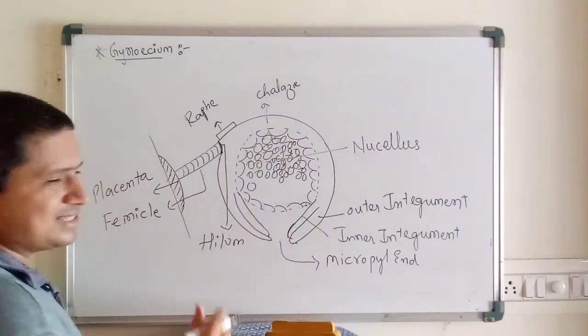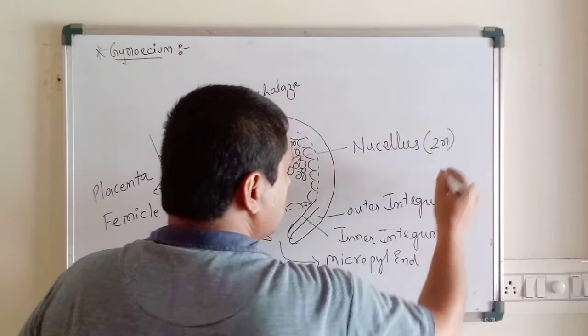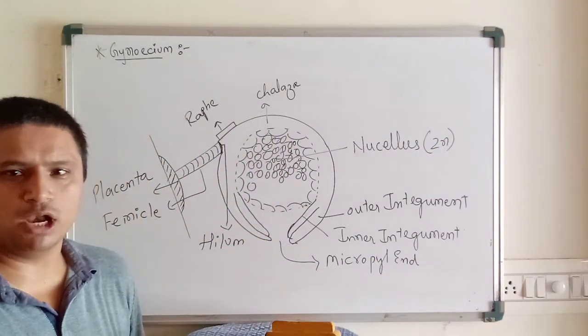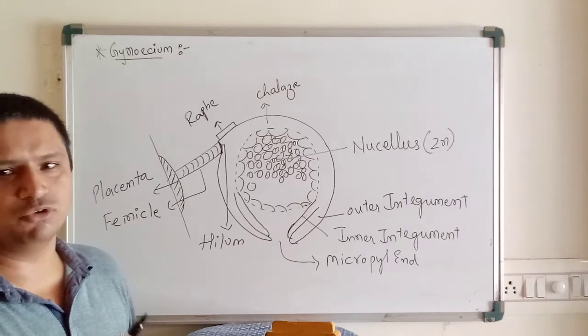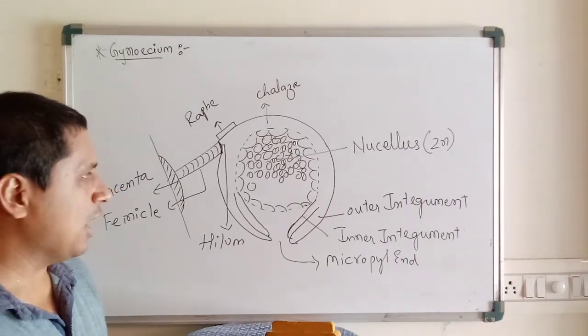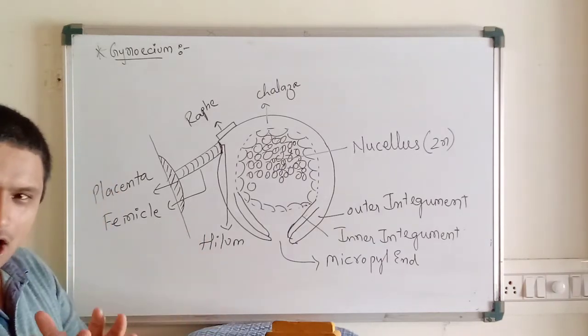Now this nucellus is made of diploid cells, that is having 2N. So if meiosis or meiotic division occurs, what would be the ploidy of these cells? We can come to know on the basis of the division that it undergoes, children. Now, this nucellus can be less or more.